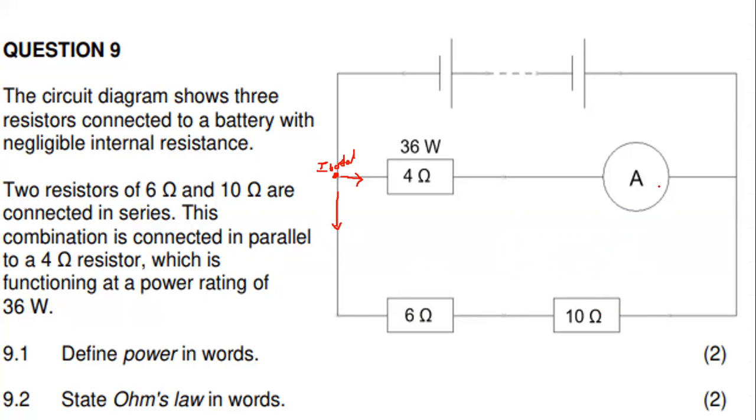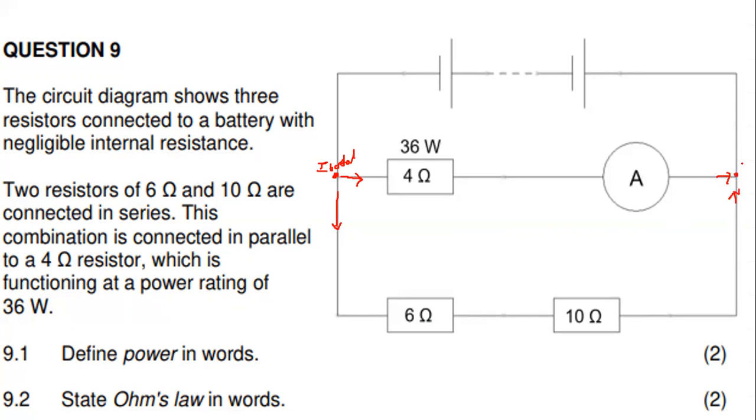This pathway is connected in parallel to this pathway. Furthermore, the current that flows through there is not the total current, but the current will go there, and the current will also go through there.